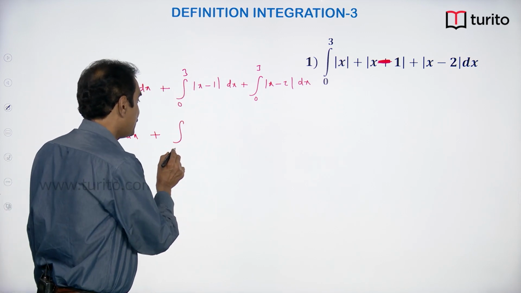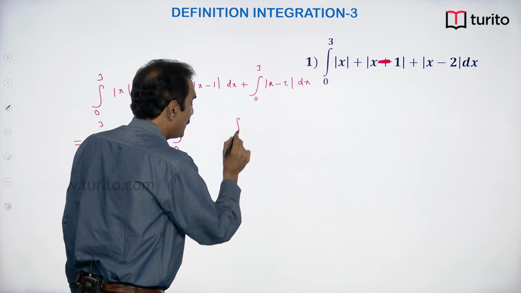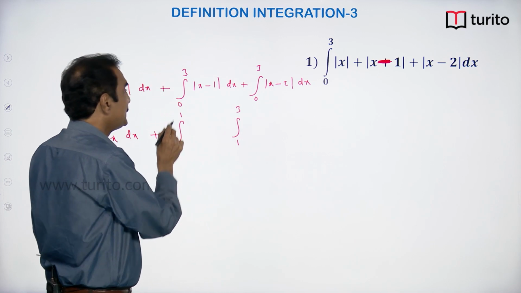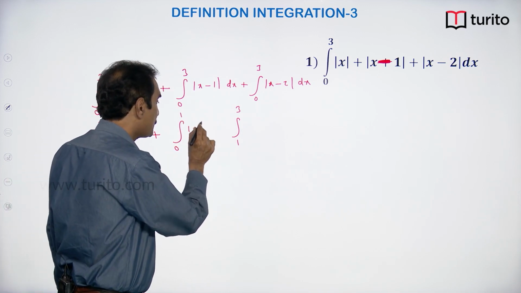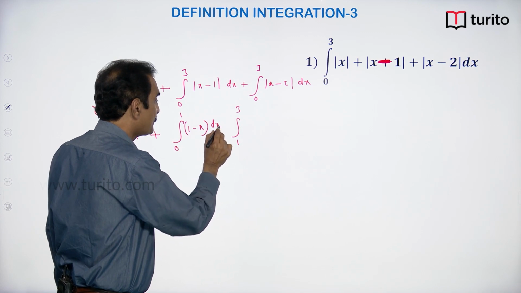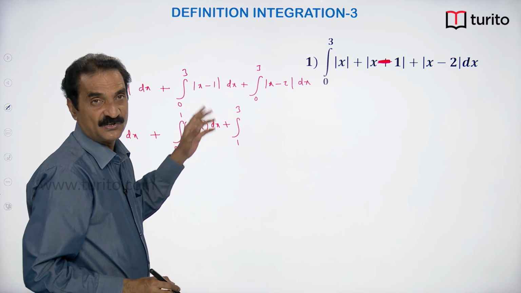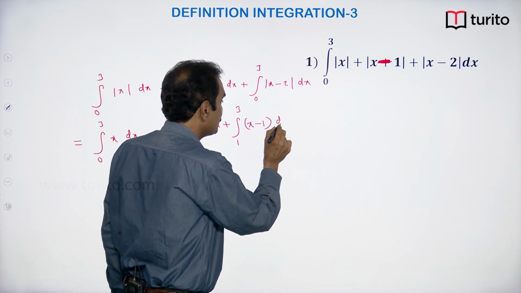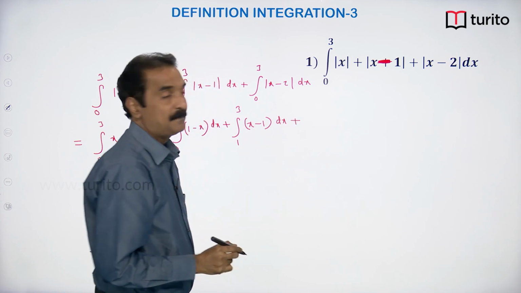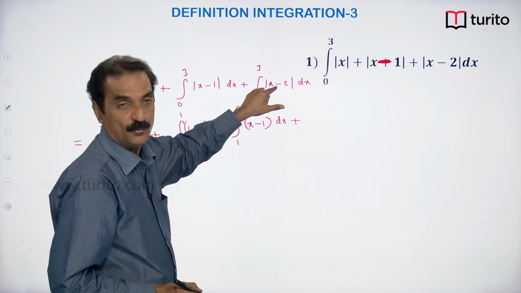So you have to separate into two integrals, 0 to 1, 1 to 3. In this interval, mod x minus 1 will be 1 minus x. In this interval, x minus 1 is positive, so it will be x minus 1 dx. Plus, again we have to break this integral at 2.